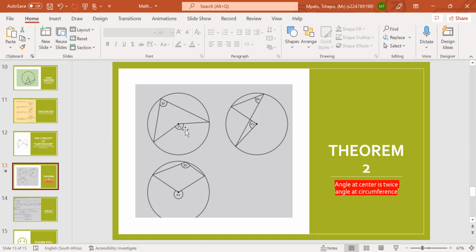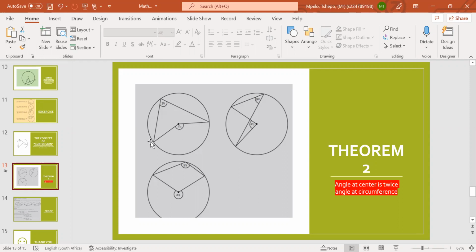You see the arc subtends x1 and y1. You see the arc I am talking about. No, this arc. Look, x1 is subtended again. You see x1 is subtended by that arc. Now the very same arc also subtends y1.